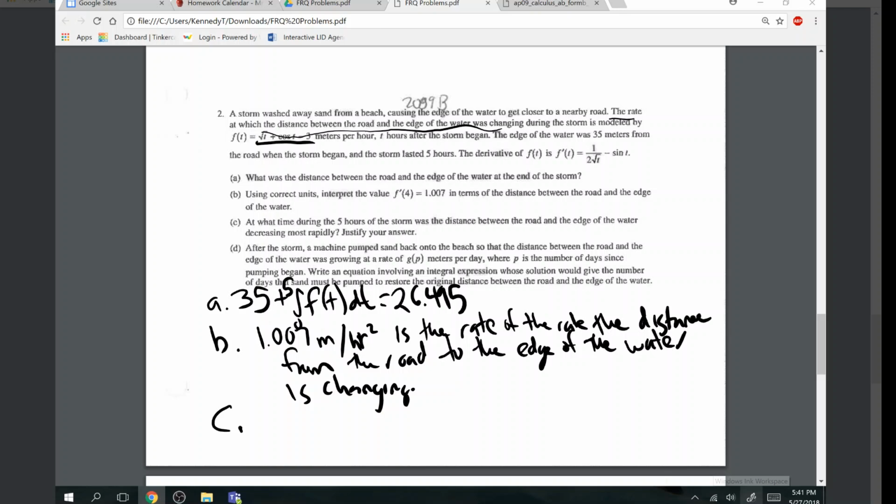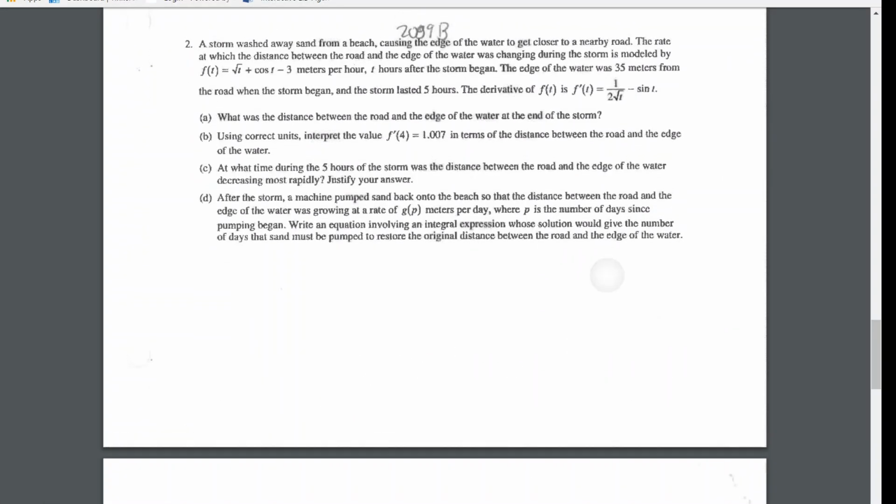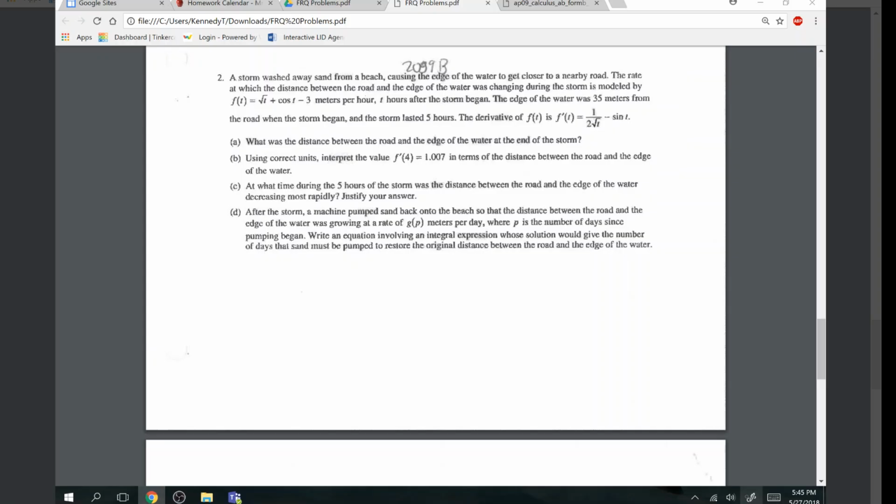Let's wipe this and do C and D. So A and B we solved. Let's move this up and do C and D. At which time during the first 5 hours of the storm was the distance between the road and the edge of the water decreasing most rapidly?